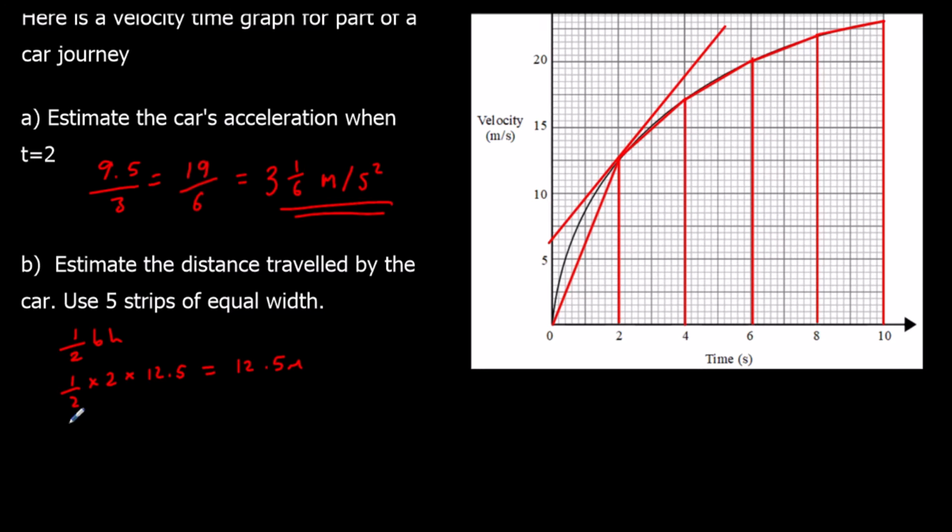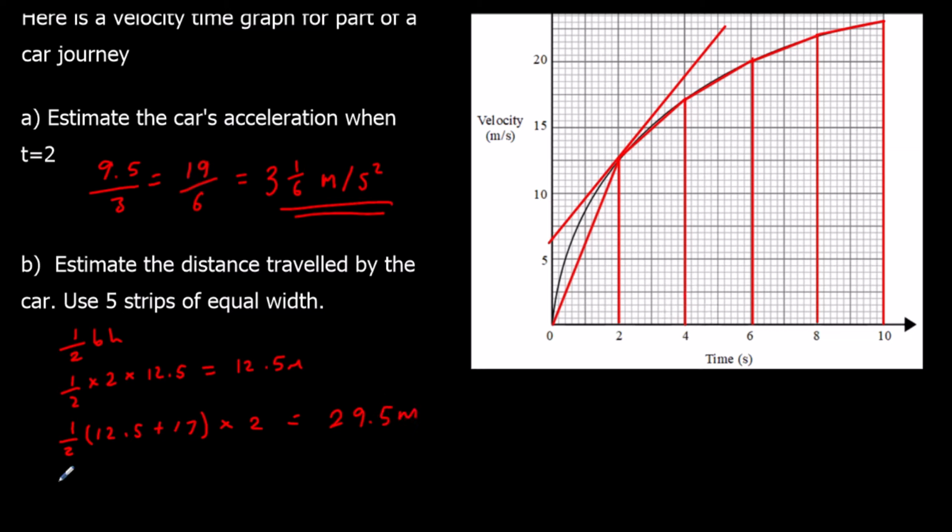So half of 12.5 plus 17 times the distance between them, which is 2. So that's going to be, well, half and 2 are going to cancel out. So 12.5 and 17 make 29.5.